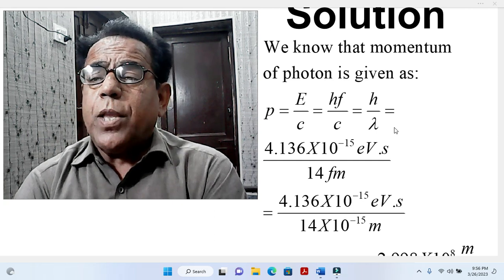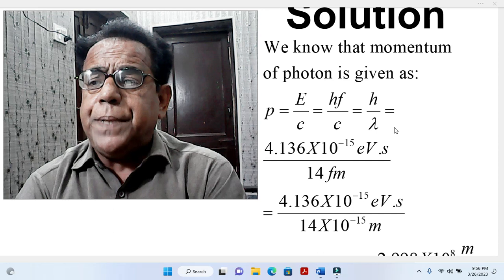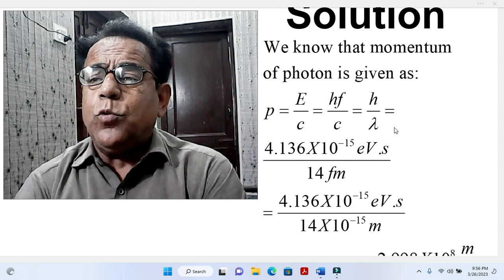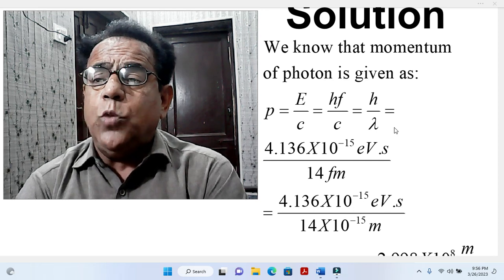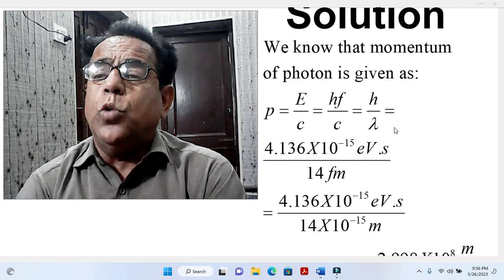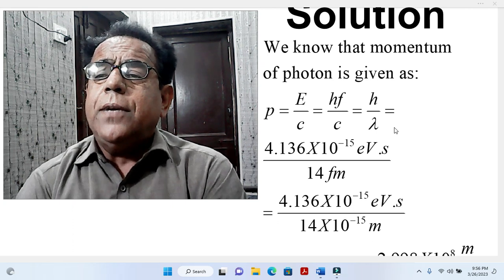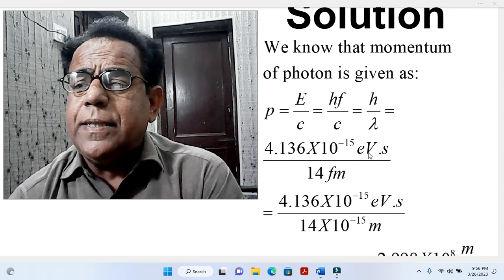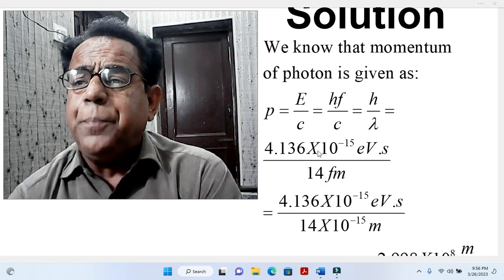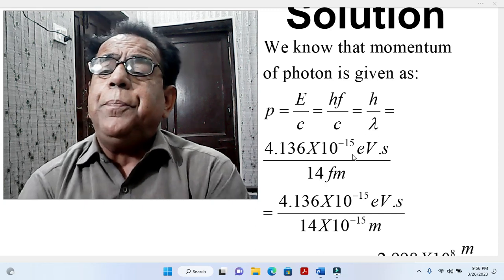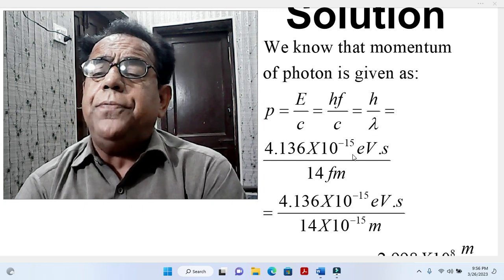So in order to find P, we have to put the value of h, Planck's constant, from the tool, in which it has been given in two ways. We have chosen one way, that is in terms of electron volt second, divided by the wavelength, which is given in the statement as 14 femtometer.